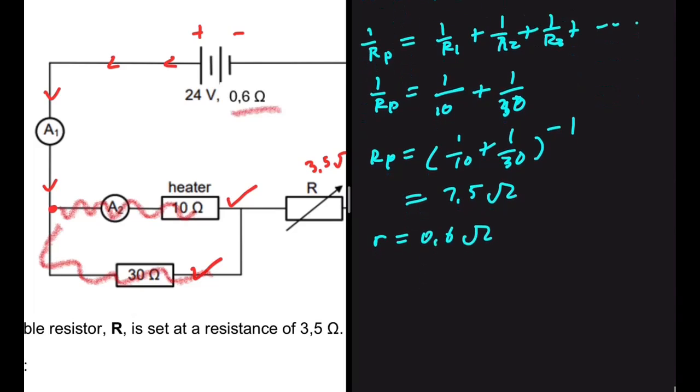So RT, the total resistance, will be equal to the resistance in series, which is 3.5, plus the resistance in parallel, which is 7.5, and then lastly, the internal resistance, which is 0.6. You add all that and you'll get 11.6 ohms. And that is the total resistance of our circuit, including the battery.